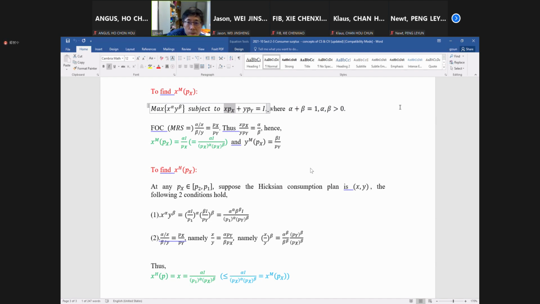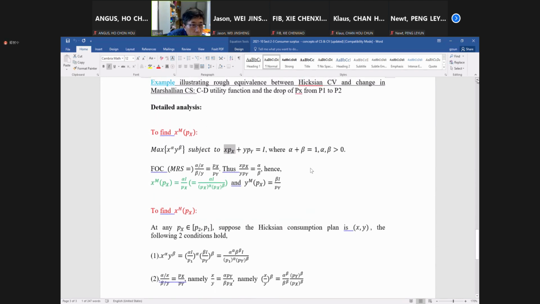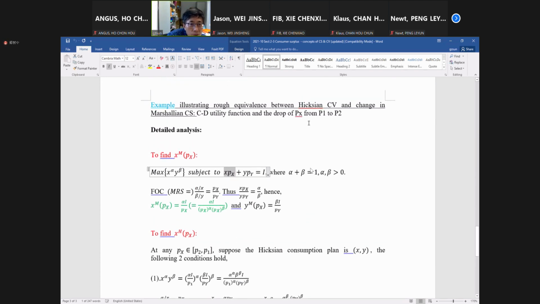The point is, suppose Py doesn't change, but Px drops. Let's consider a drop. If the price increases, all our analysis will be roughly the same; we just need to be careful to look at the decrease in consumer surplus. But now, let's consider a price decrease, dropping from a high level P1 to a low level P2.